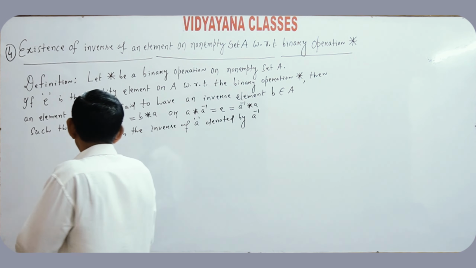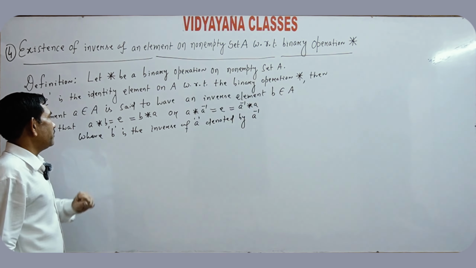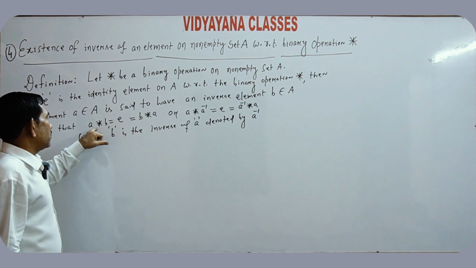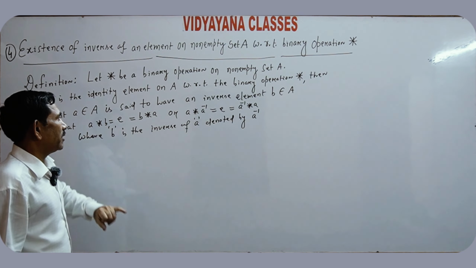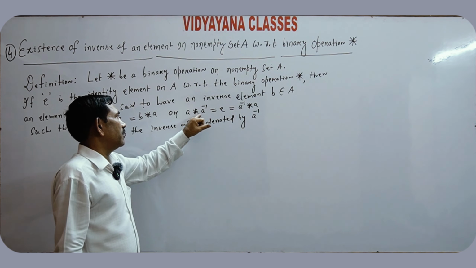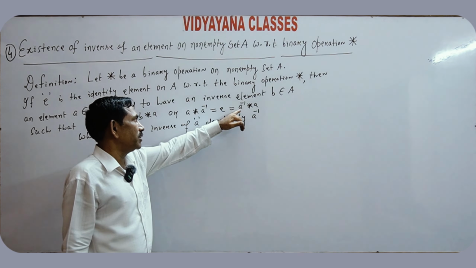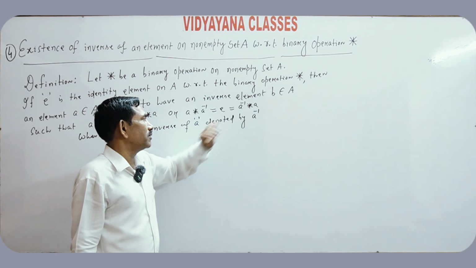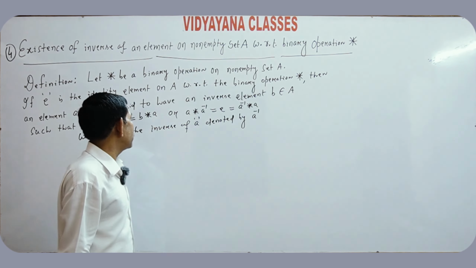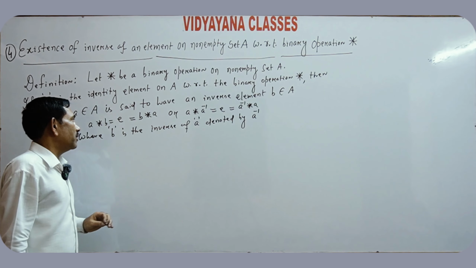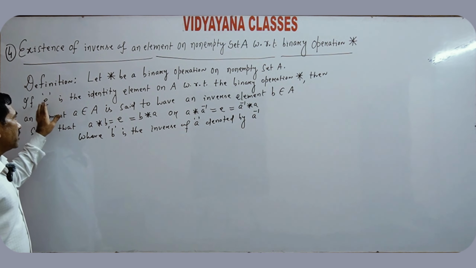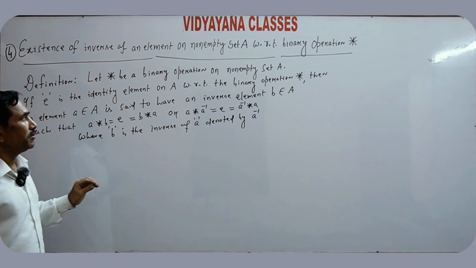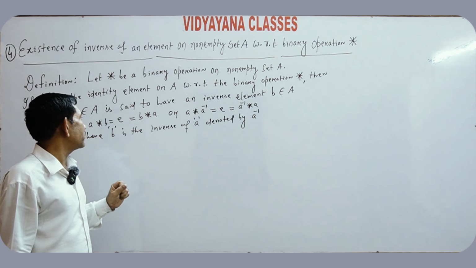It is the definition. If this condition is satisfied, A star B is equal to E is equal to B star A, or A star A inverse is equal to E, which is the same as A inverse star A, then B is the inverse of A, where E is the identity element in A with respect to the binary operation star.